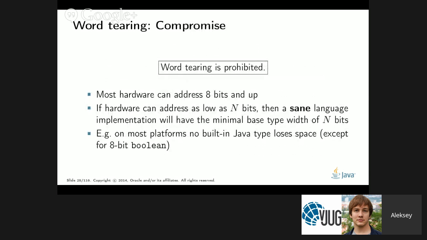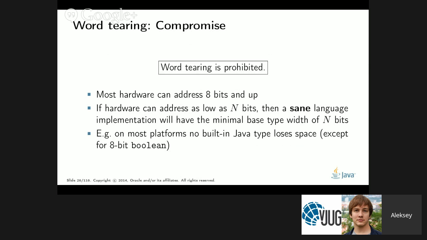JLS takes a firm stand on this. It says that word tearing is prohibited, period. If you have 2 array elements or 2 fields, and you read and write those fields from different threads, the reads and writes are undisturbed. There is actually a funny discussion on the JMM dev list from, I don't know, 8 years ago now, and Bill Pugh, who is widely known for FindBugs, but he was also the spec lead for JSR 133, which is the Java memory model update.